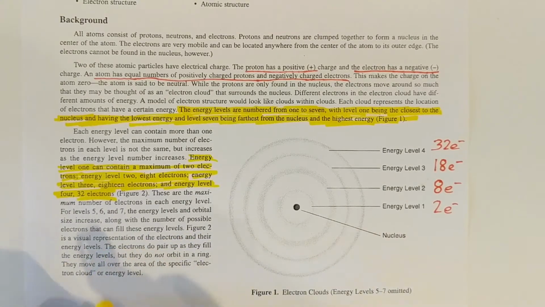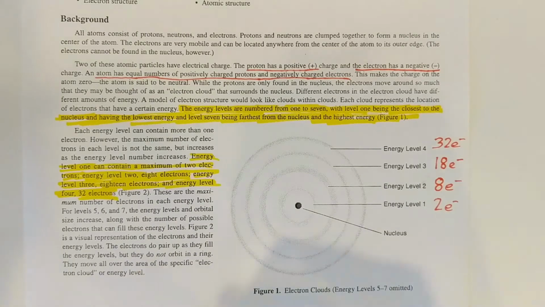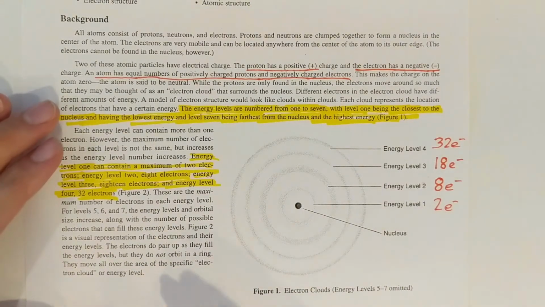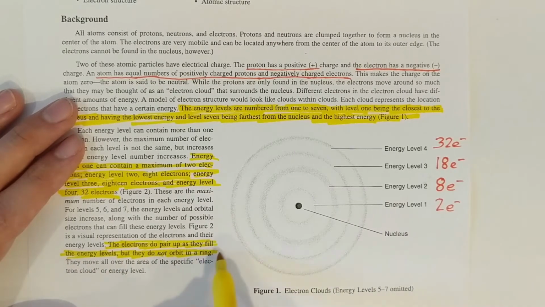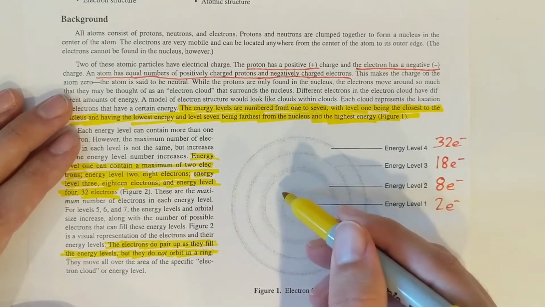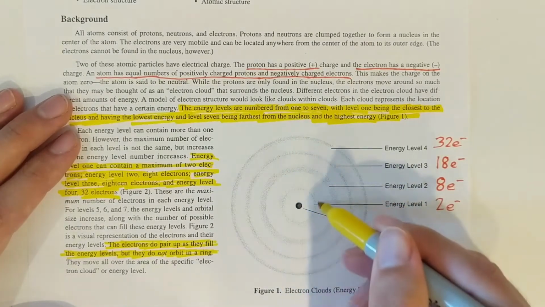Figure 2 is a visual representation of the electrons and their energy levels. So we're going to highlight this part. The electrons do pair up as they fill the energy levels, but they do not orbit in a ring. So it's important to know that the electrons aren't just spinning around.